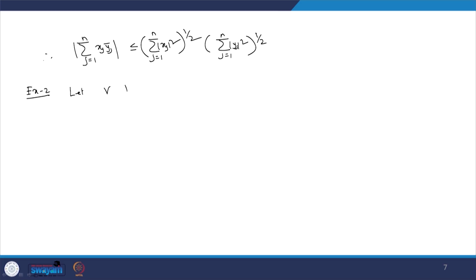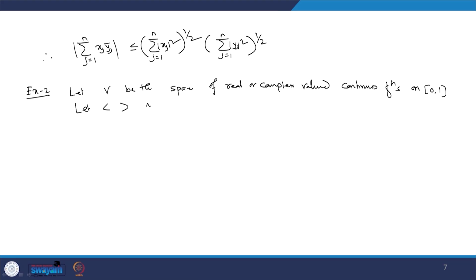Let V be the space of real or complex valued continuous functions on the closed interval 0 1, and let the inner product in V be defined by, for any f and g belonging to V, the inner product of f and g equal to the integral from 0 to 1 of f of x and g of x bar dx.